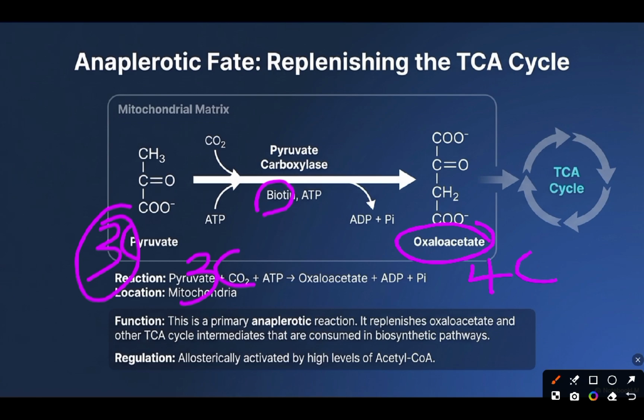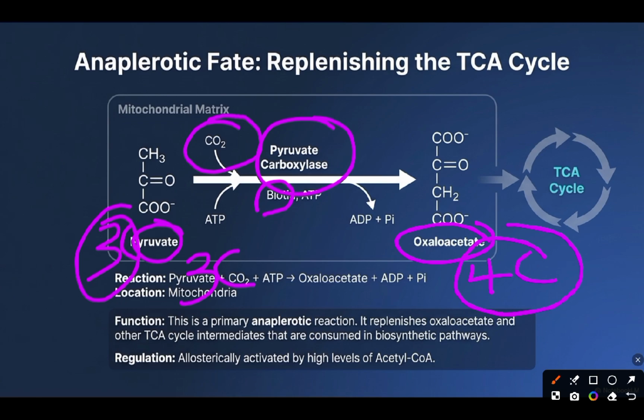So an enzyme known as pyruvate carboxylase converts pyruvate to oxaloacetate, which is a 4-carbon molecule, by adding carbon in the form of carbon dioxide. This is called carboxylation. Carboxylation is a process by which we add carbon in the form of carbon dioxide to a substrate.